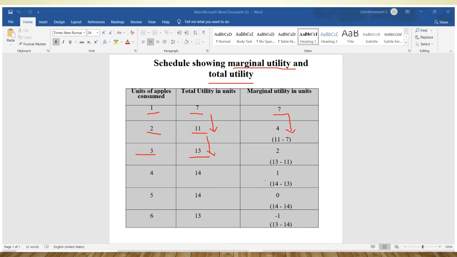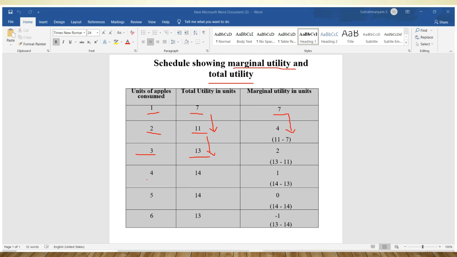Marginal utility equals the total utility of the succeeding unit minus the total utility of the preceding unit. The total utility of the succeeding unit is 11 units and the total utility of the preceding unit is 7 units. Subtracting, we get the marginal utility.